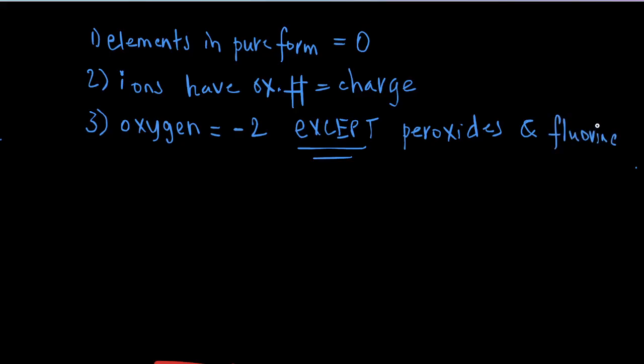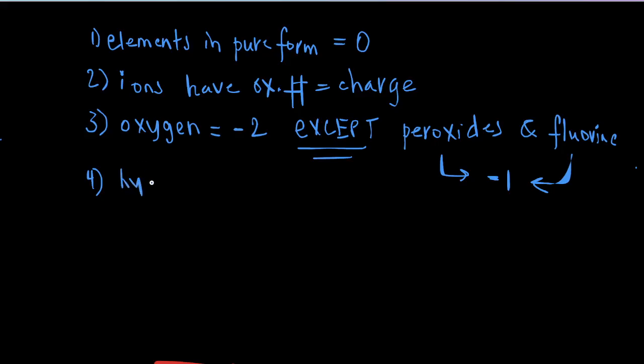If oxygen is bonded to a fluorine, or the oxygen is part of a peroxide, in these cases it's going to have an oxidation number of -1. So if we're looking at oxygen just regularly in a compound, it's -2, whereas when it's a peroxide or fluorine, it is -1.